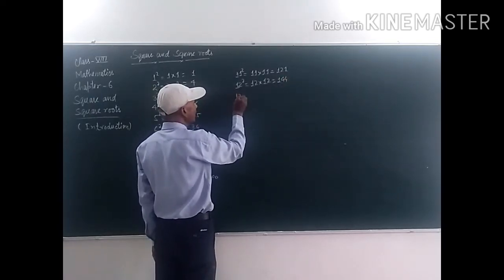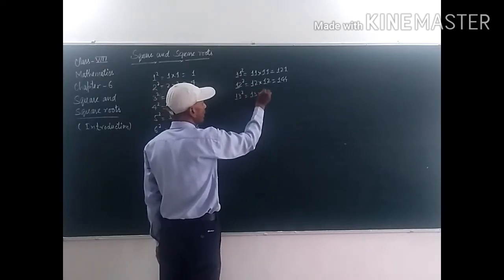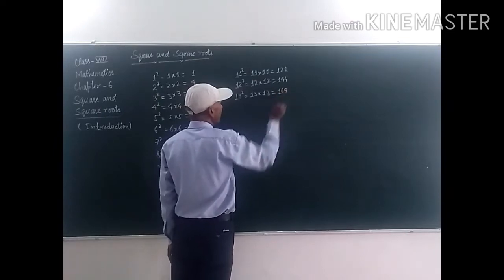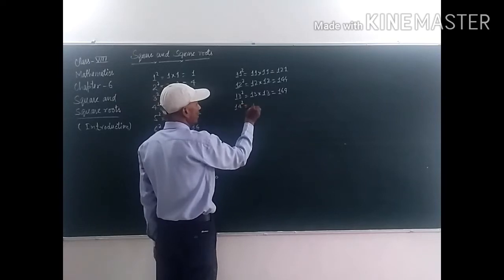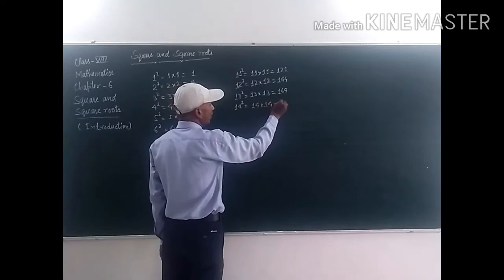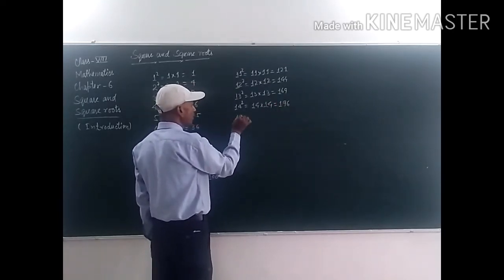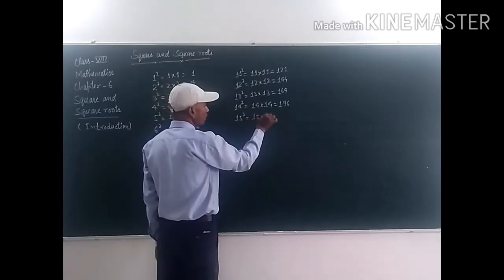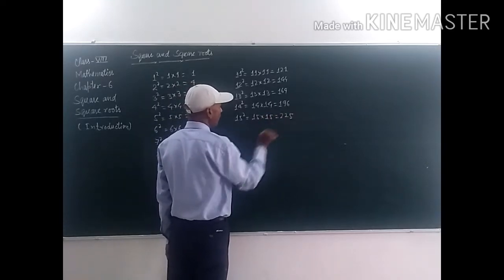Square of 13, it means 13 into 13 is equal to 169. Square of 14 is equal to 14 into 14, 196. Square of 15, 15 into 15 is equal to 225.